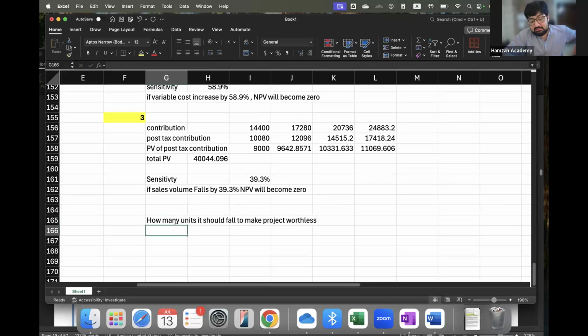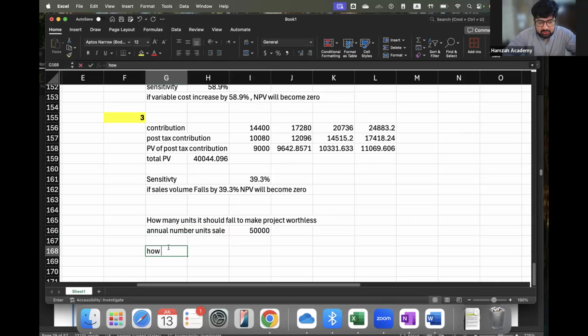Sometimes they say like this. And they have given the number of units annual. So annual number of units sold, I assume that is 50,000. For example, this is the assumption I have taken.